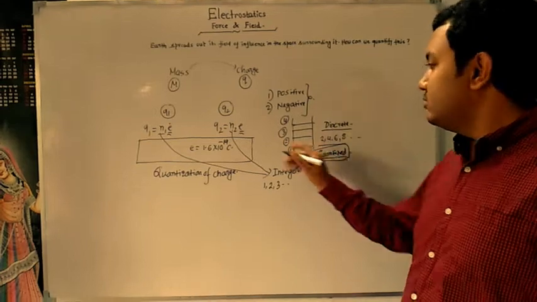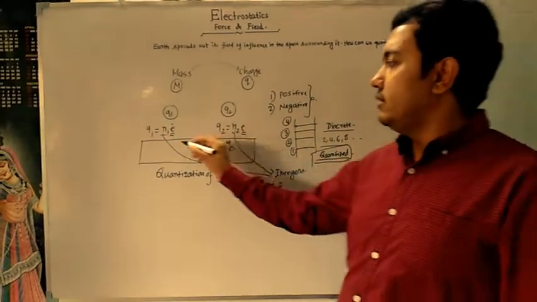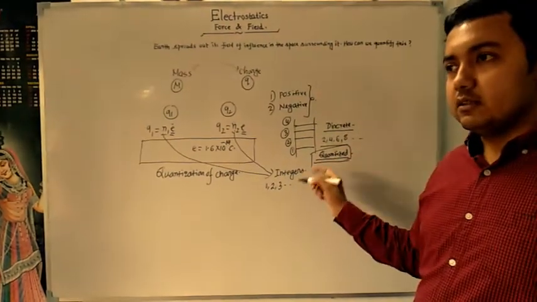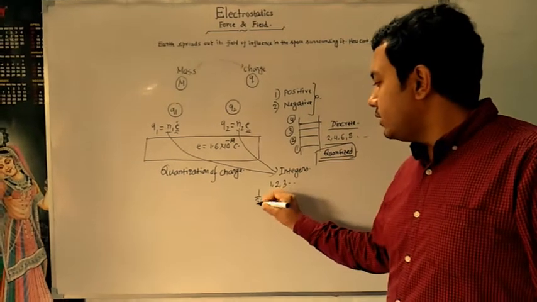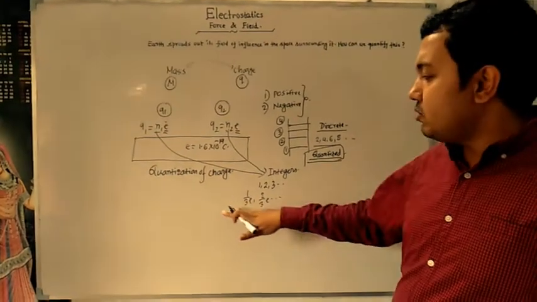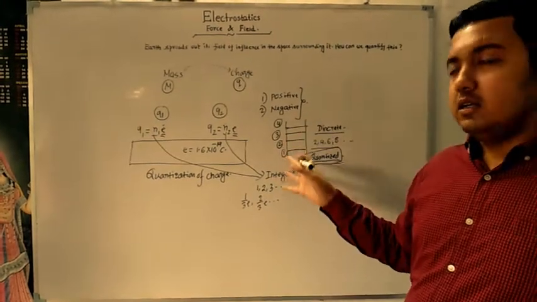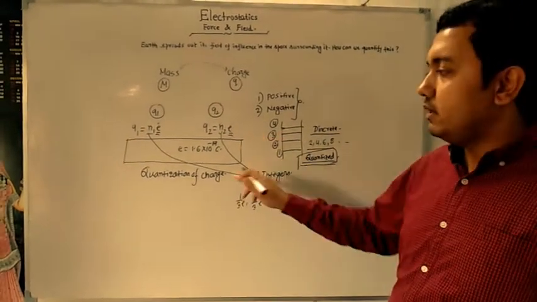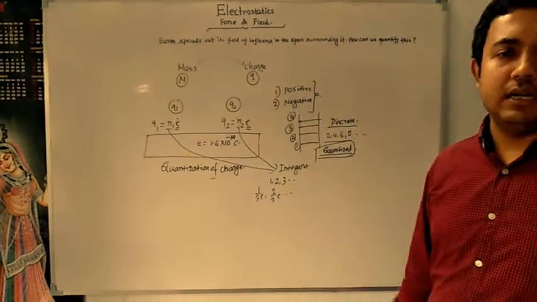Here, for the case of charge, the condition is that N1 and N2 should be integers. So fractional values like 1/3 or 2/3 of this amount of charge are not possible. So this principle is called quantization of charge.